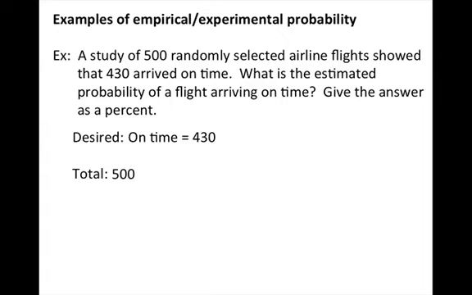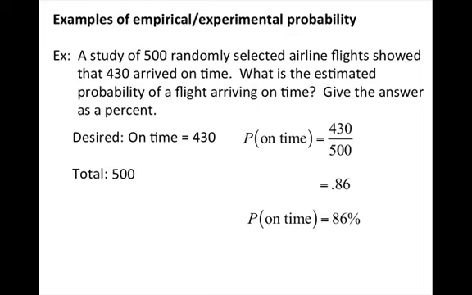Then the total, there were 500 flights that were selected. So the probability of arriving on time is 430 divided by 500. If I divide that, I get 0.86. If I was asked for a decimal, I would stop there. This time I was asked for a percent, so move your decimal 2 places and you get 86%. So 86% of the time, the flights arrive on time.